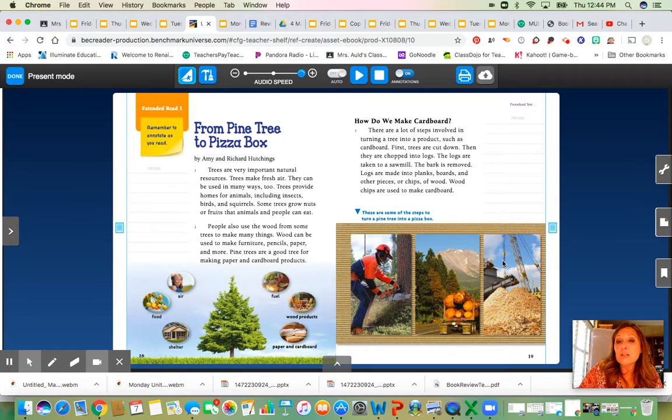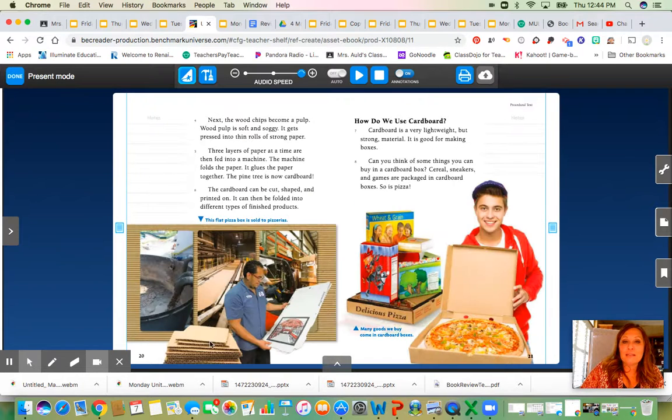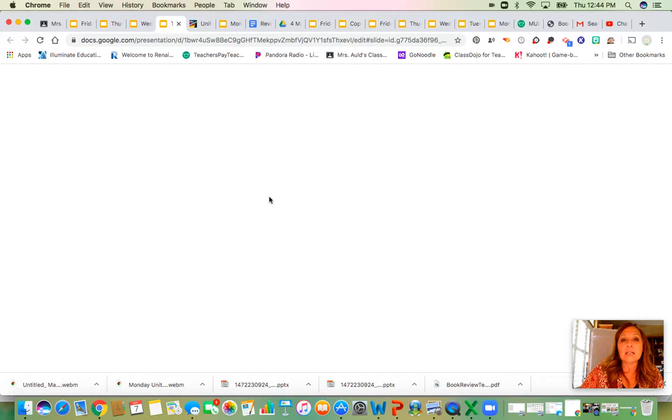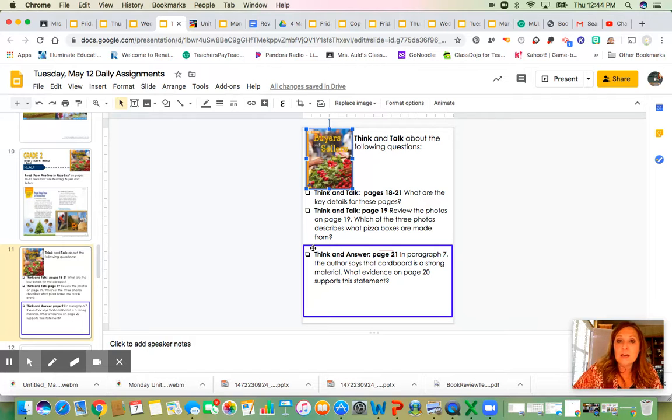Which one of these pictures is what it talks about of what cardboard is made out of? Do we take a tree and squish it into cardboard, or are there some steps it takes to get to that point? All right. So the next page, if we keep going, by the end of the story, we have an actual pizza box.